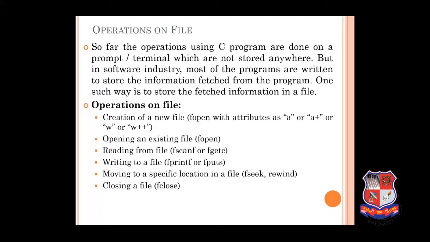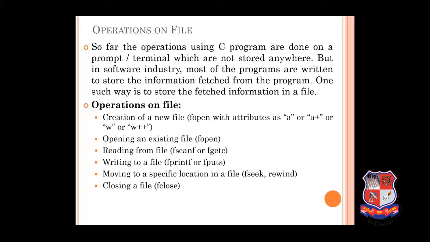Here it is clearly mentioned that we have to open an existing file. If the file is not existing in the system and we try to open it, it will show us an error. If in my computer I do not have a file named Mohini123, it is not going to be opened, because that file does not exist. If the file exists, we can open it.